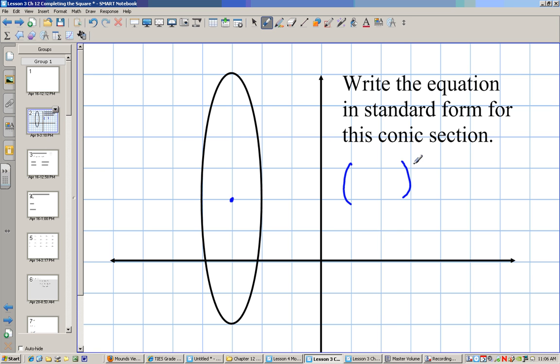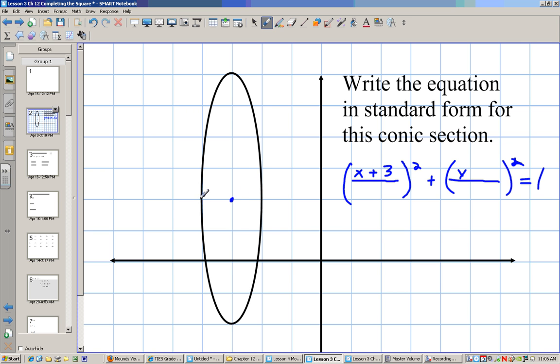So if I'm going to write this in standard form, an ellipse is always written like this in standard form, where the right hand side is equal to 1, and each of these, the x and the y, will have some number squared. Now in the x direction, we move to the left 3, so we'll need a plus 3 in there.